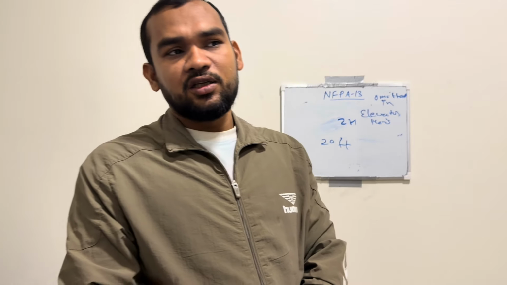Sprinkler temperature. The next task is the use of sprinklers and sprinkler temperature sensitivity for the orifice. NFPA 13 chapter number 9 describes this, section number 9.4 describes the use of sprinklers.